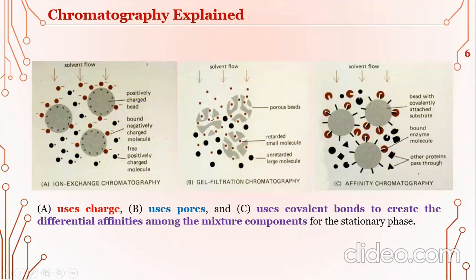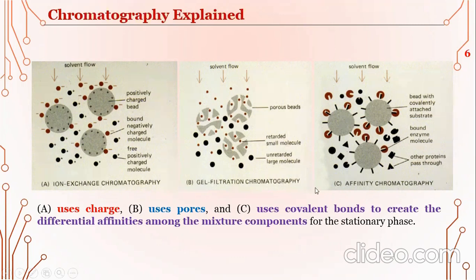Smaller molecules get trapped within these pores, while larger molecules move out. They don't get trapped in these pores. So this is gel filtration chromatography, and it uses the pores of these beads.